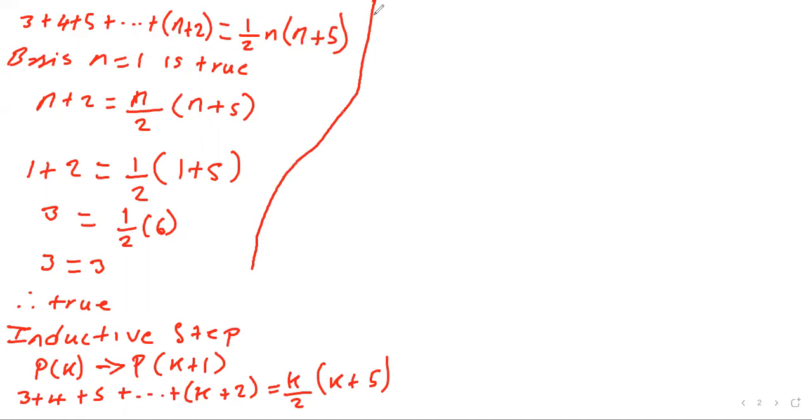The next thing we're going to do is write the equation in terms of k + 1. For k + 1, we're going to look at the next term in the sequence. So that's going to leave us with 3 + 4 + 5 + ... + (k + 2), and the next term in this sequence would be + (k + 1 + 2).